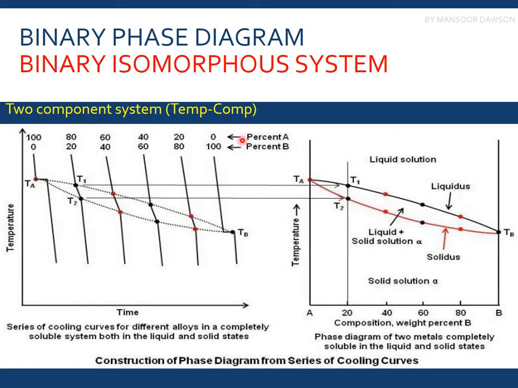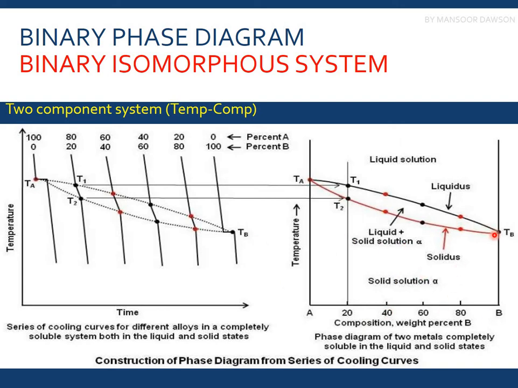These are basically experimental values. They are experimental cooling curves, and you can see over here that this diagram is developed from these time-temperature cooling curves. So we have obtained this leaf-like figure, above which is the liquid part, and below is the solid part.